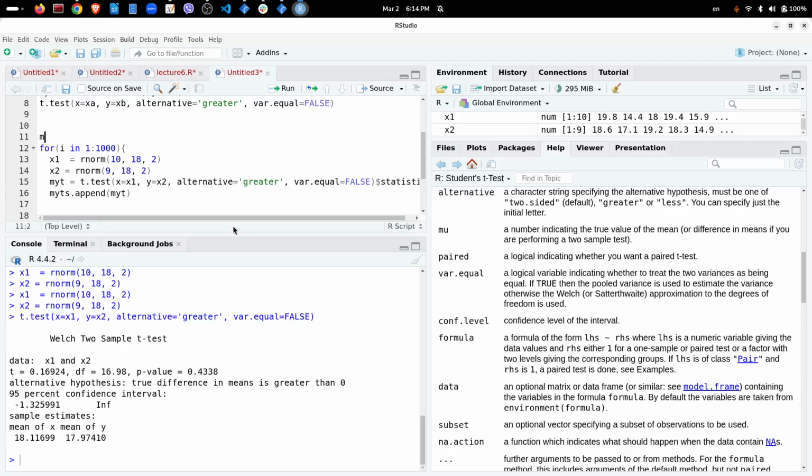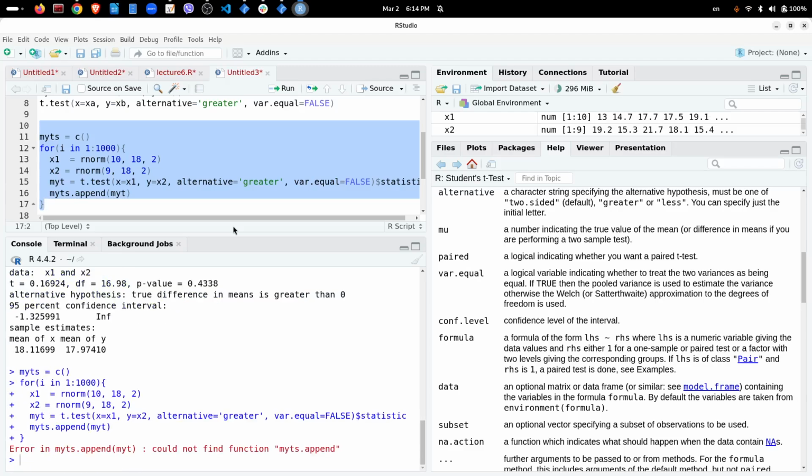So my t's here will be an empty vector. Wait, this is probably wrong code. It's like Python code. Yeah, okay, sure. Like this.